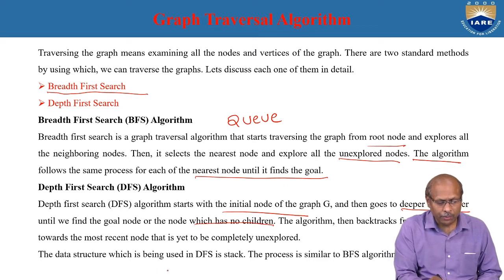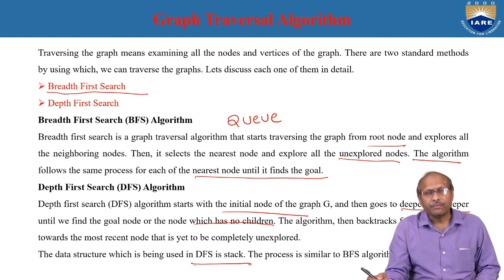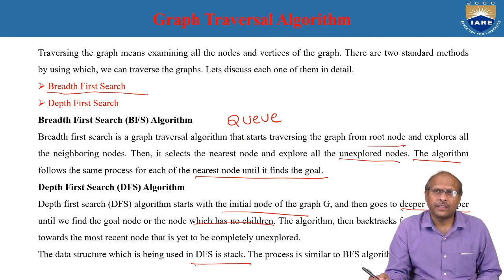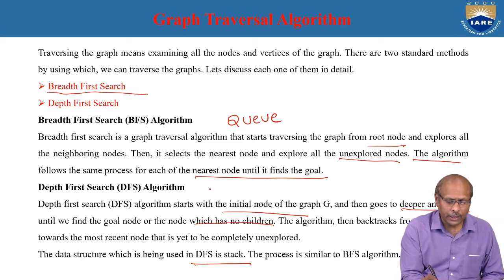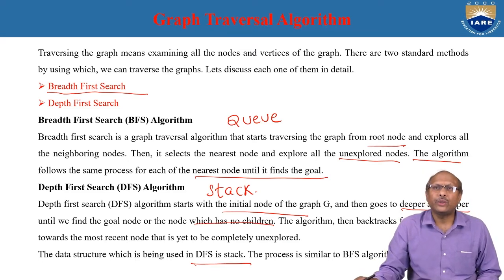The data structure which is being used in DFS is a stack. So just like in BFS you have used a queue as a data structure, similarly the DFS algorithm will be using an additional data structure, that is a stack. Fine. So these two are the additional data structures generally used in graph traversal techniques.